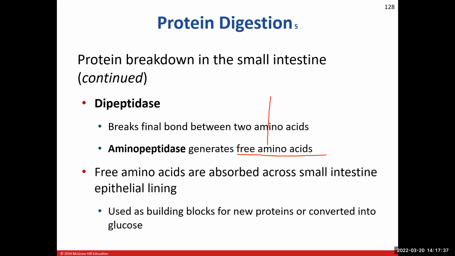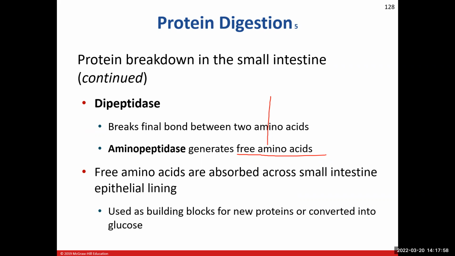Same scenario is going to happen here with protein digestion that we saw with carbohydrate digestion. We get the monomers, which were monosaccharides like glucose and fructose, so we can get them to absorb across the intestinal wall. Same thing here, but now we're dealing with amino acids.